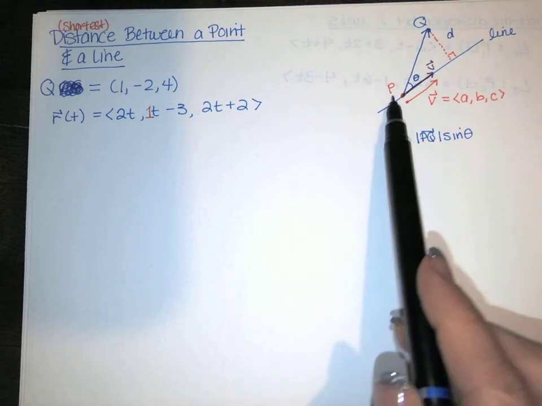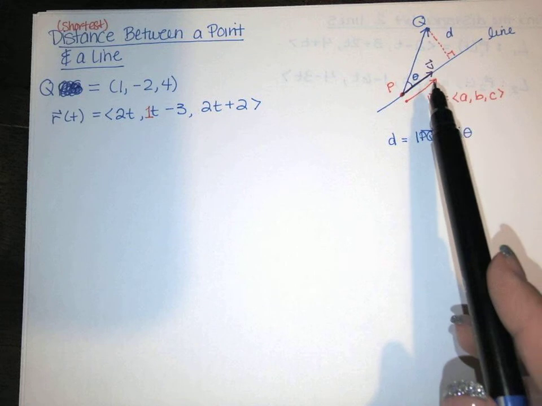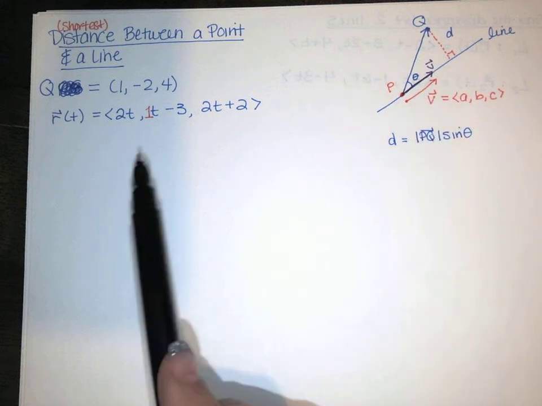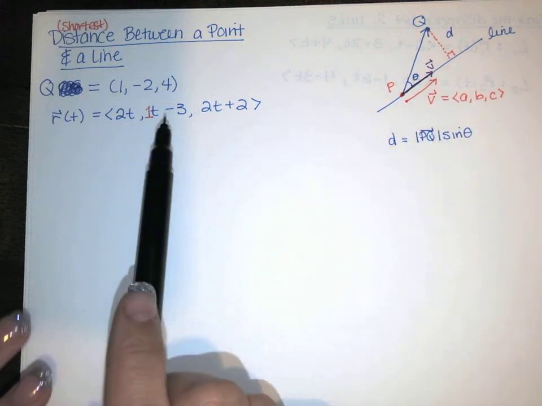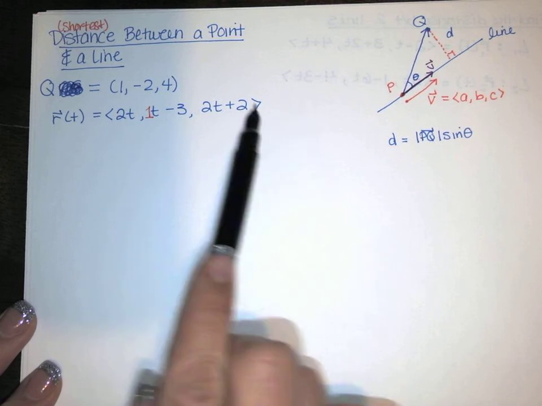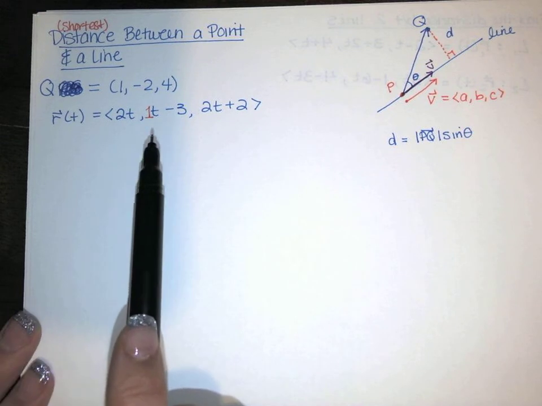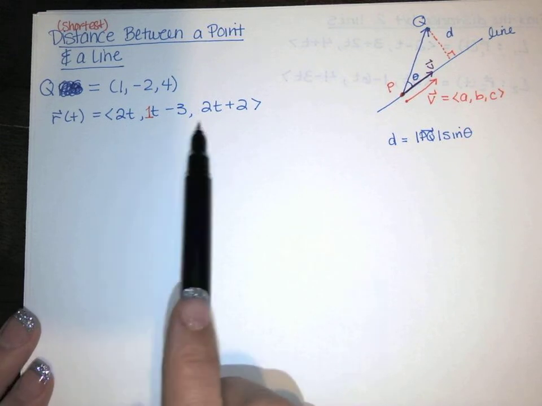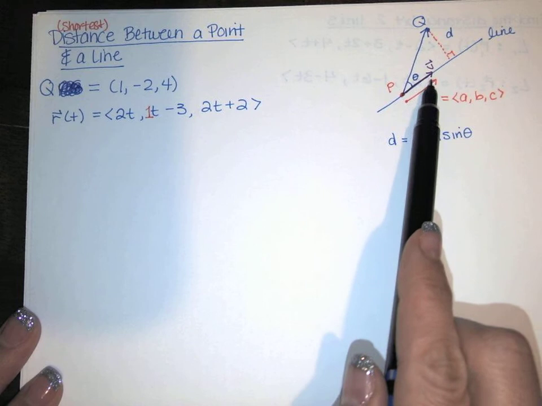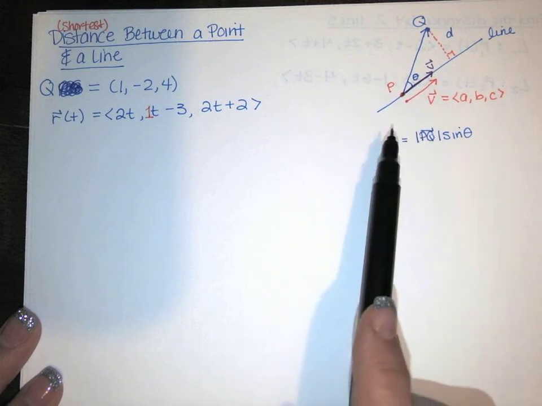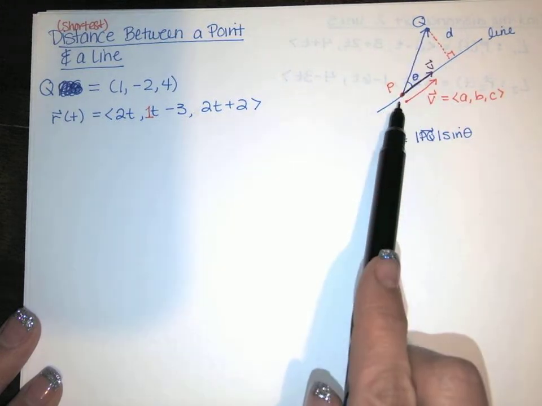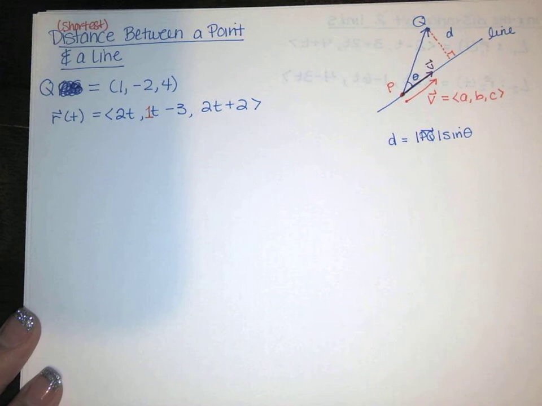but most of the time we don't. We have the coordinates of P, the coordinates of Q, and we can look at the components of this vector, or alternatively, we can look at the parametric equations of the line to infer the components of V. So we've got V and we can find PQ, but we don't know theta. So we're going to multiply, just like we did before.